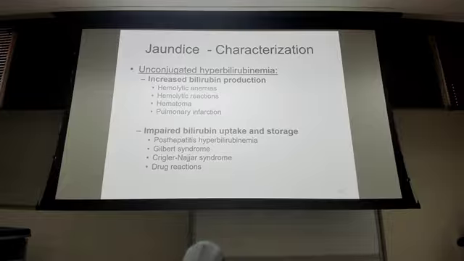And then the Crigler-Najjar syndrome, another genetic liver issue, and the process of that disease means the liver cannot break down bilirubin. And your drug reactions are in the impaired bilirubin uptake and storage category as well.